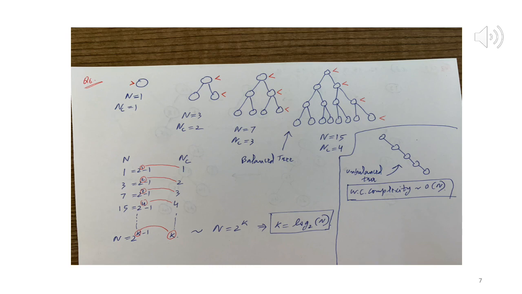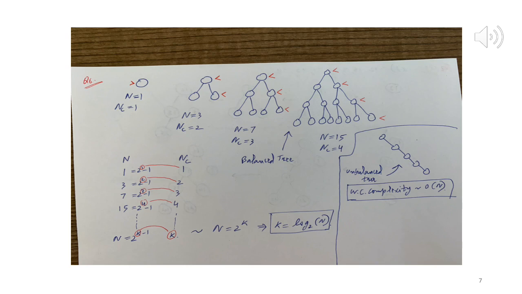So what is the worst case complexity? We know that searching is a very important computing operation, Google search, for example, right? So how do we do the complexity?